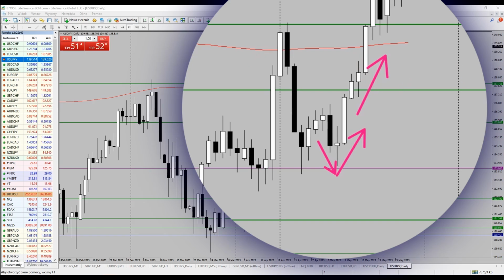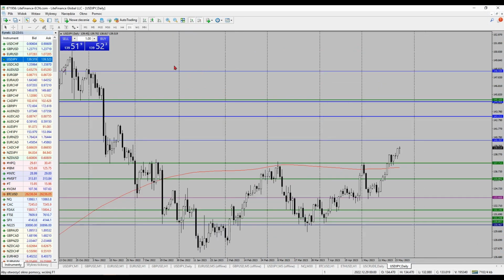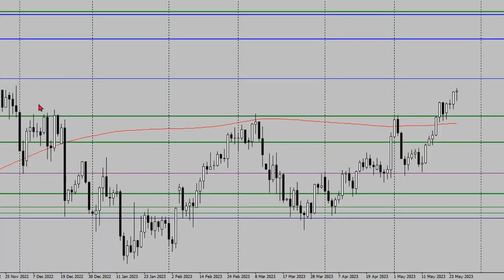And right now, as of now, maybe we didn't get the pullback I've been looking for, but if you were careful enough based on the daily chart, you do remember that we were talking about this triple top over here, right?